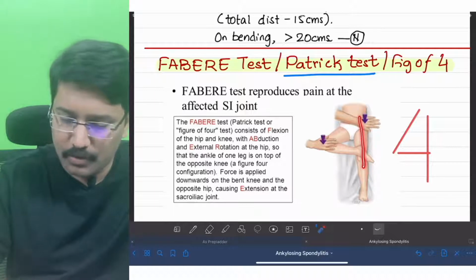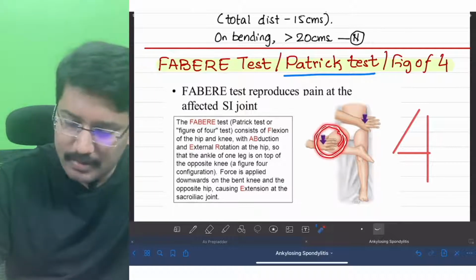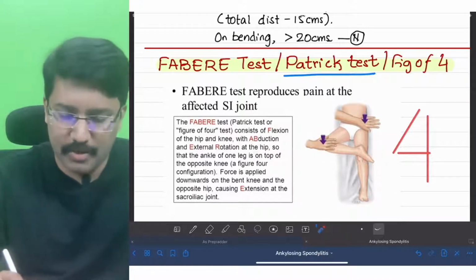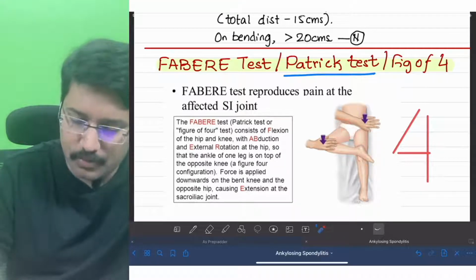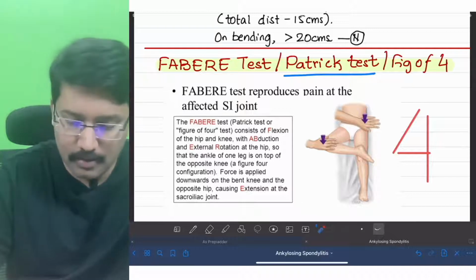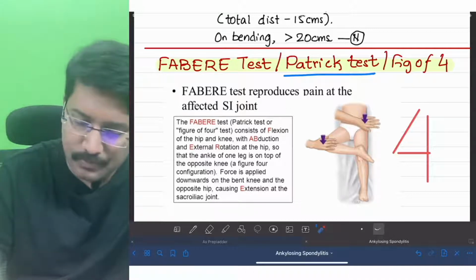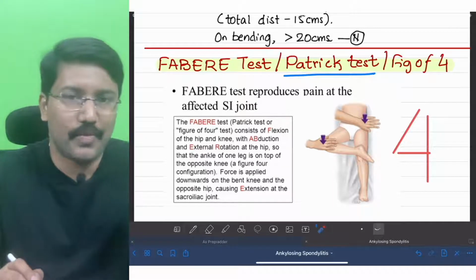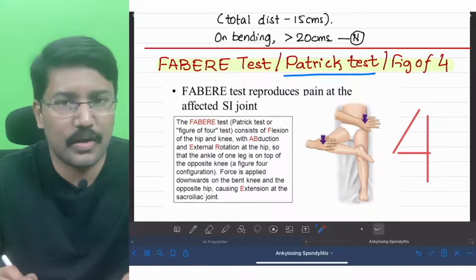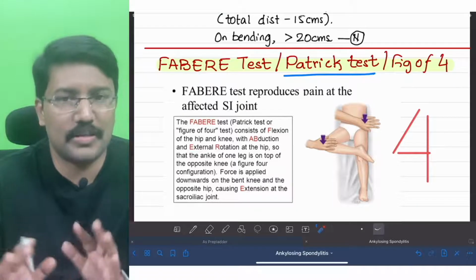Here, this is the limb or hip we are examining. We first do flexion of the hip, and then abduction and external rotation. That is FABER: flexion, abduction, external rotation of the hip, and then extension of the hip.